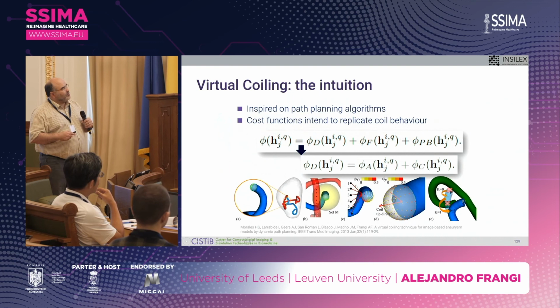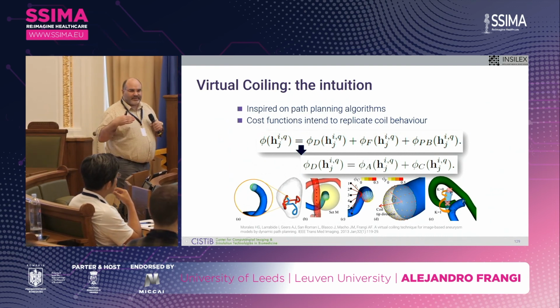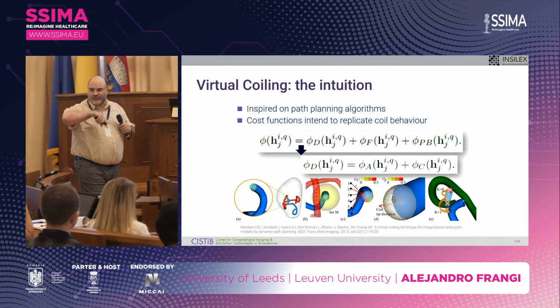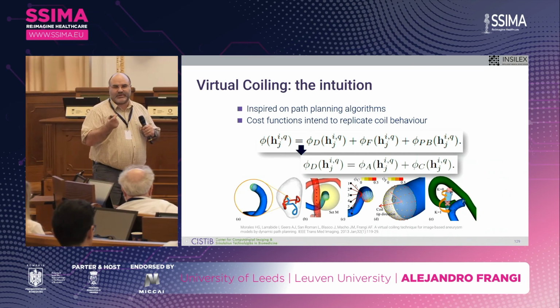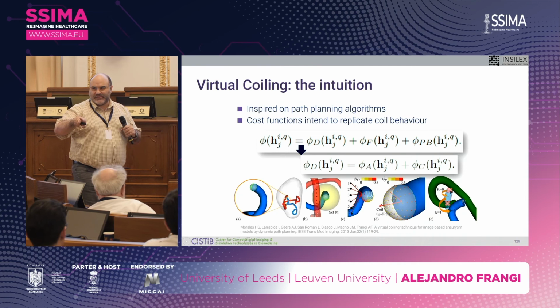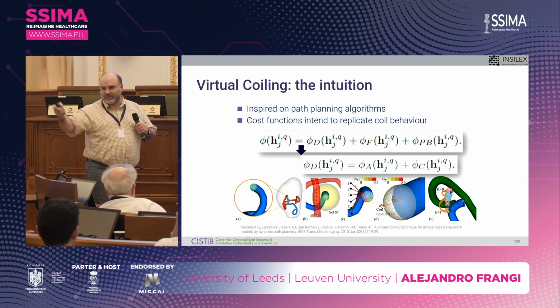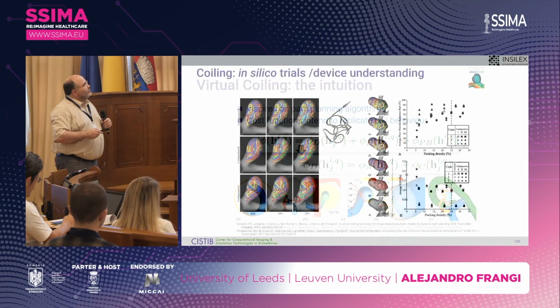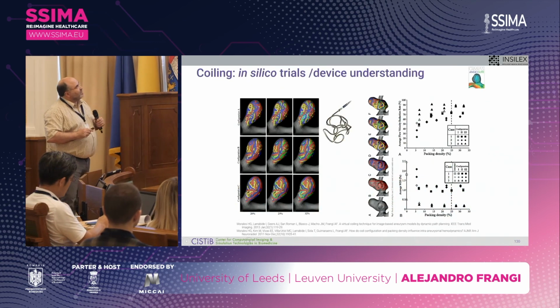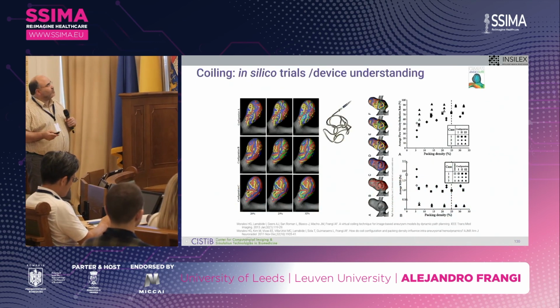So what we've developed is a technique based on minimum cost path that keeps crawling and growing in a way that respects some properties of the physics. You can't self-penetrate with the device on itself. You cannot penetrate the wall unless you put the patient in trouble. So if you do that, you can develop simulations like this where every color here corresponds to a coil.